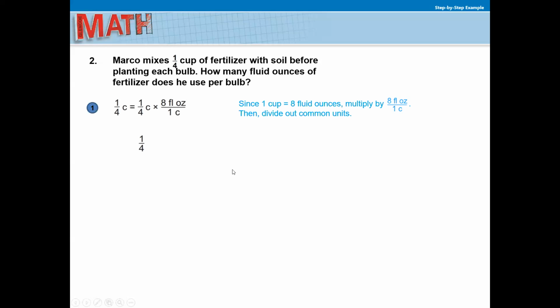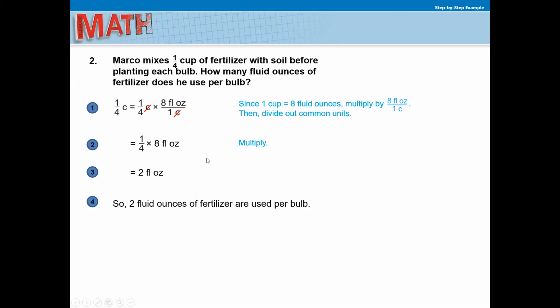Then divide out common units. So see how we have cups here and cups there. Cups over cups knock each other out, or C divided by C equals 1. So we simplify them out. 1/4 of 8 fluid ounces. Remember that we're picturing this as 8 over 1, so we have 8 divided by 4, which is 2 fluid ounces. So 2 fluid ounces of fertilizer are used per bulb.